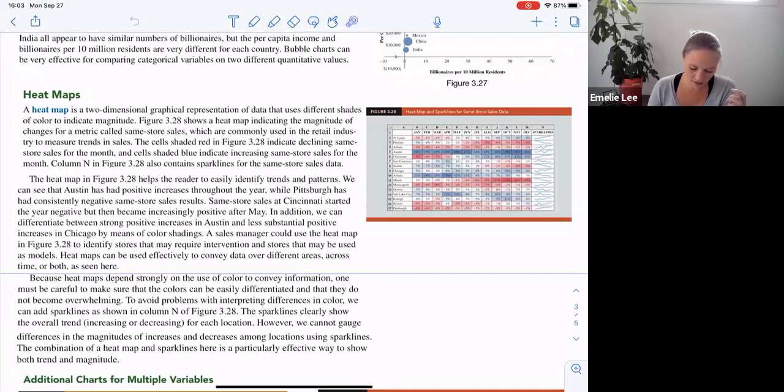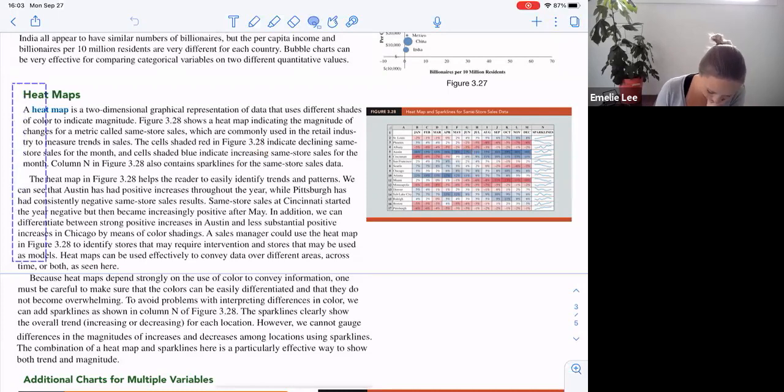Heat maps use some sort of classifier. So if you're underperforming, you might be labeled in red, and if you're overperforming, you might be in the blue, for example.